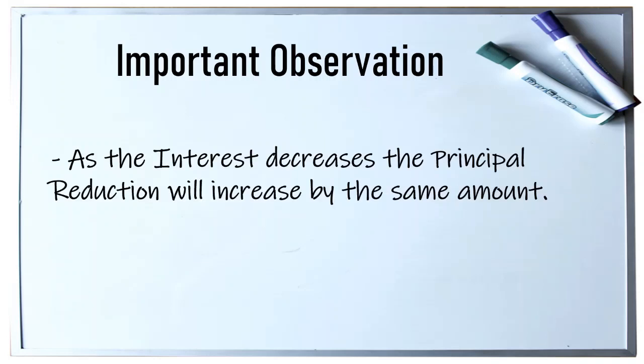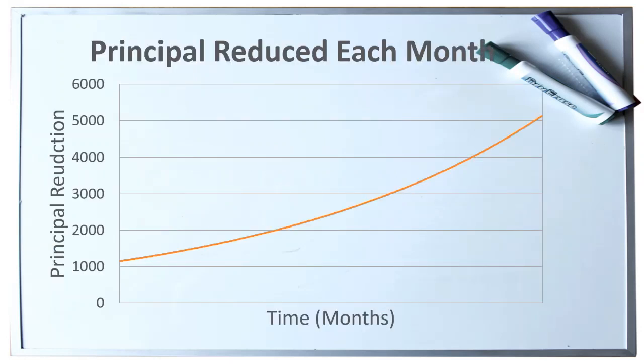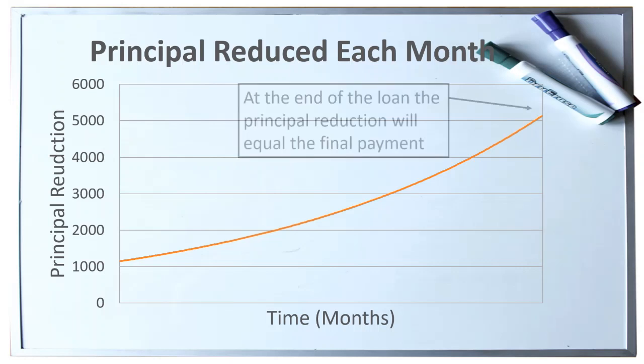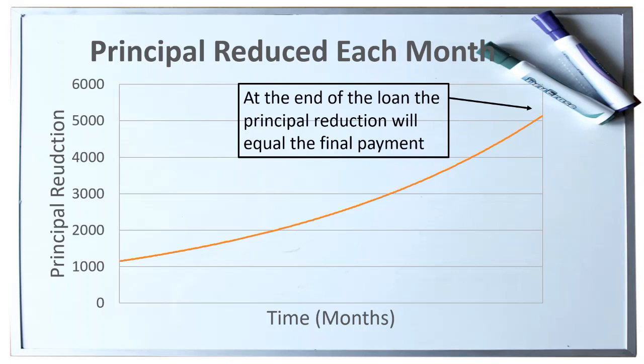This graph is the principal reduced each month, and it is the opposite of the interest. So the interest was bending down, this one is bending up. At the end of the graph, it's worth noticing that it tends towards the final payment, and this is because at the end of the loan, basically you're paying no interest and all your payments are reducing the principal.